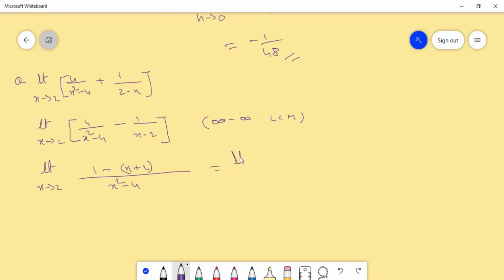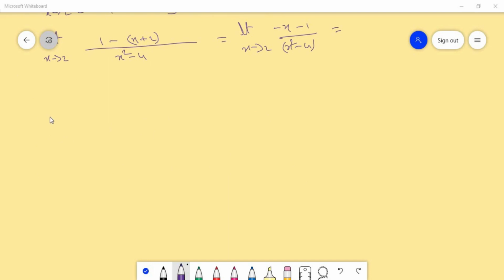Then limit x tends to 2, here we get minus x minus 1 by x square minus 4 is the remaining value. Then like that you simplify the remaining. Next question.